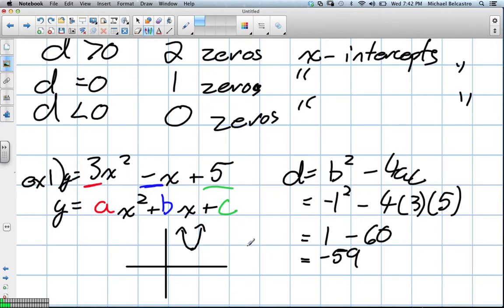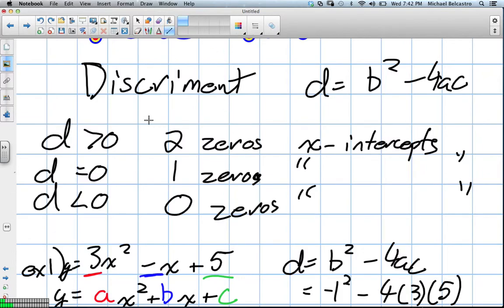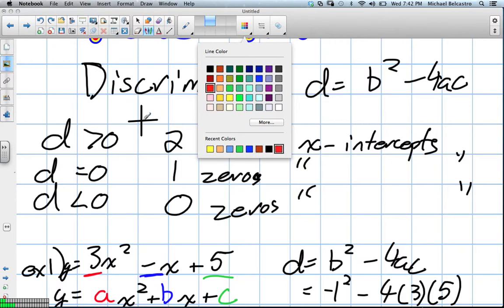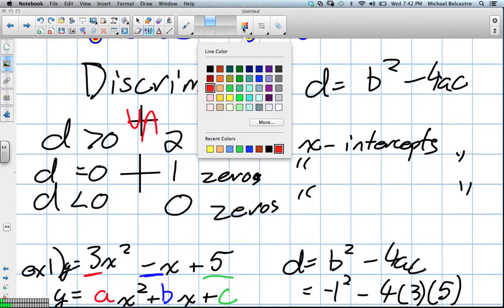For 2 zeros, what they mean is that it either goes like this, see how it goes through it twice there? Or maybe facing downwards, it goes through it twice this way. For 1 zero, if the discriminant is 0, it means the vertex is tangent.